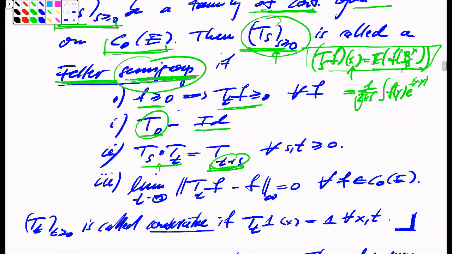If these four conditions are satisfied, then I call this family of operators a Feller semigroup.